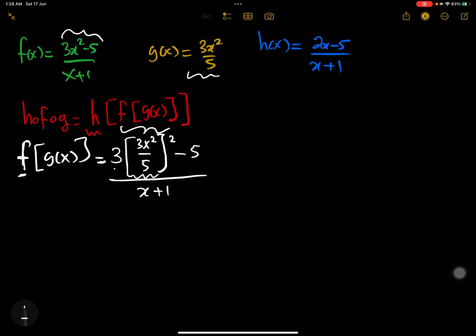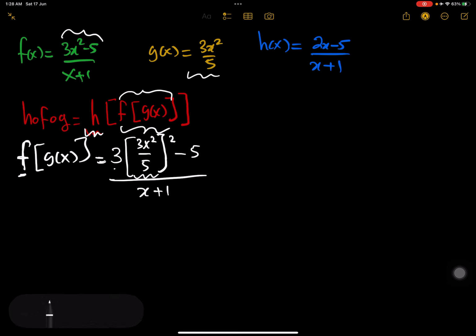So we have already started trying to do f of g of x, and that's what we are doing. We have to just basically simplify this. Once we simplify that, then we can come and plug that into h of x. So whatever we get here, we'll later plug into h of x. So let's see how that is going to turn out for us.